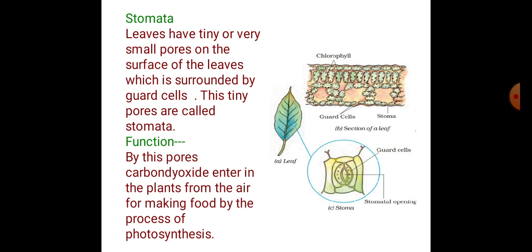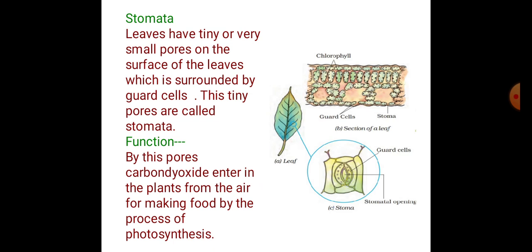These tiny pores are called stomata. You can see in the figure of stomata, these tiny pores are surrounded by other cells, which are called guard cells.